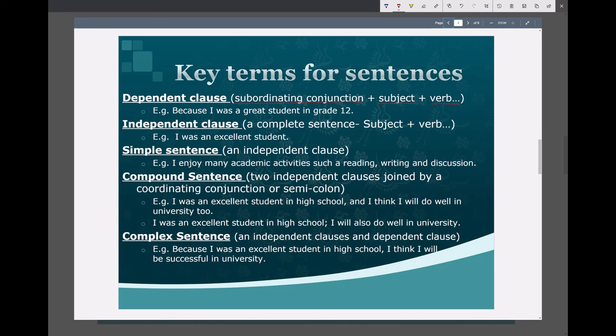So the example reads, because, that's my subordinating conjunction, I, that's the subject, and was, that's the verb, and then the rest of it, the object, which would make was a great student in grade 12, the whole predicate. But because you have the subordinating conjunction, it makes the clause a dependent one. You need another clause to make a complete sentence.